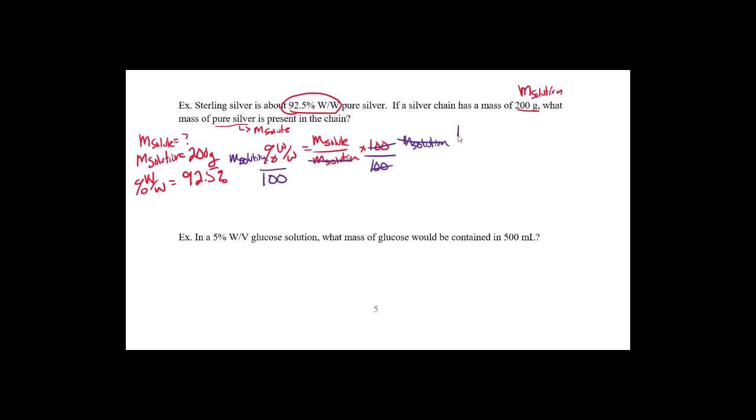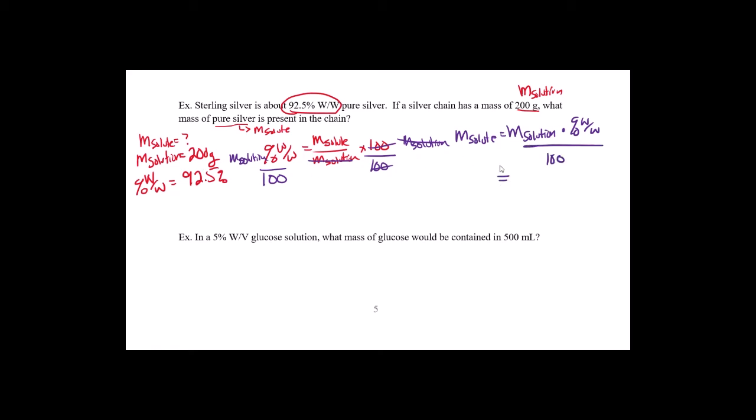So my new formula is M solute is equal to M solution times the percent by weight divided by 100. Now we can plug in our numbers.